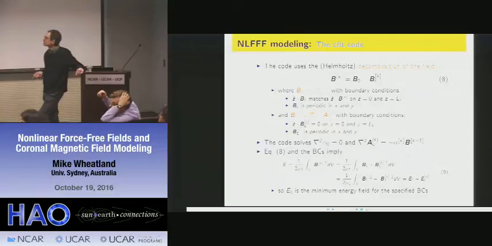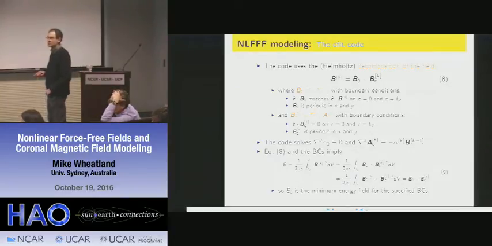The current-carrying part is only due to the horizontal components of the field; the Z component doesn't contribute to the current. So the currents are only coming out of the surface. There's no current in the surface. Is that what this is saying? Yes, that's correct. Okay. Please carry on.